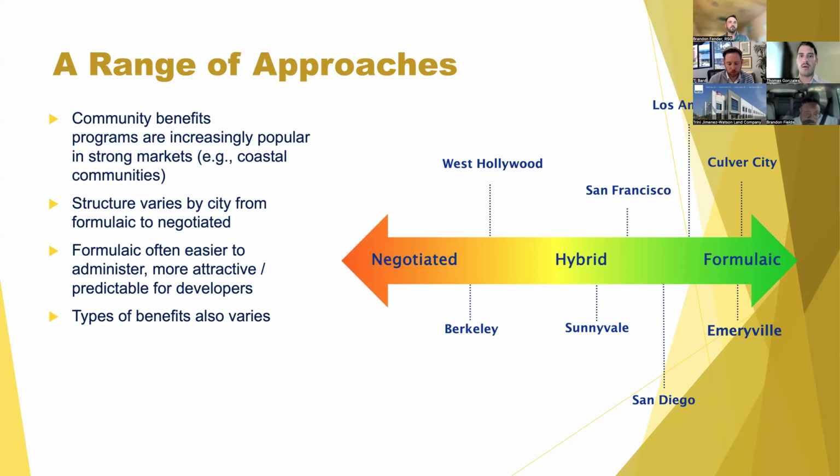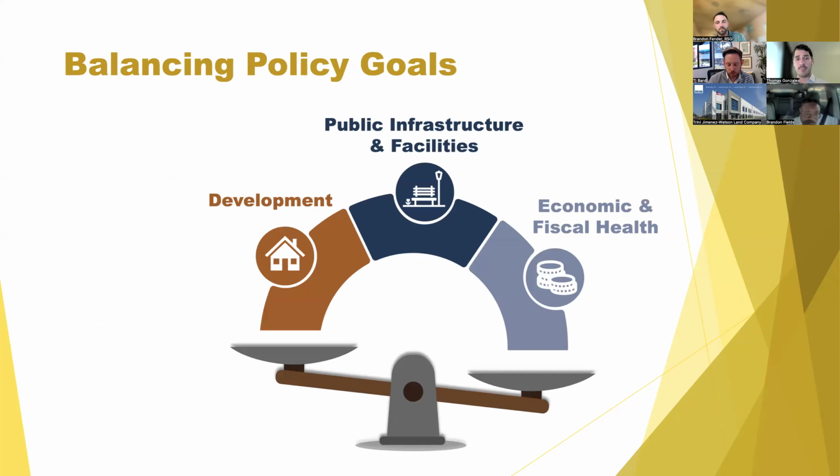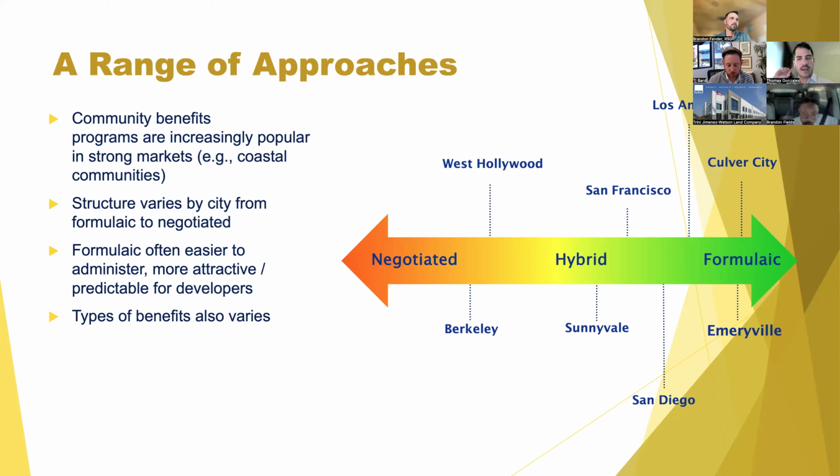It's just very much project by project. Last point there. The advantage of the formulaic style approach is that it's easier to administer and it's also more predictable for developers. Whereas the negotiated can be a little bit more involved and less predictable.